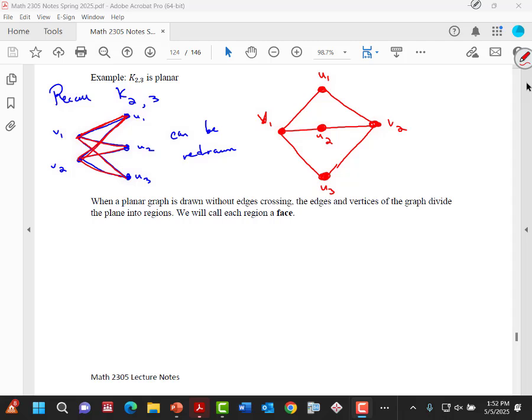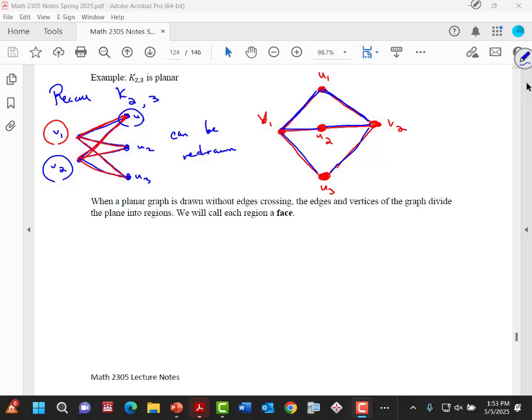Notice V1 is connected to only U's. Here they are. U1, U2, U3. V2 is connected to only U's. U1, U2, U3. U1 is connected to only V's. V1, V2.